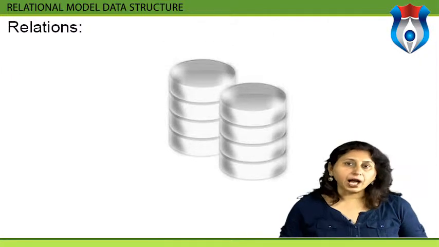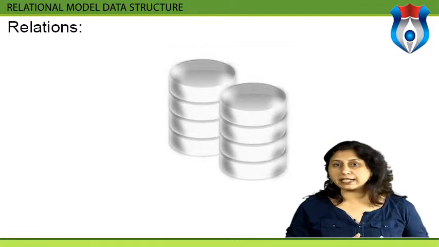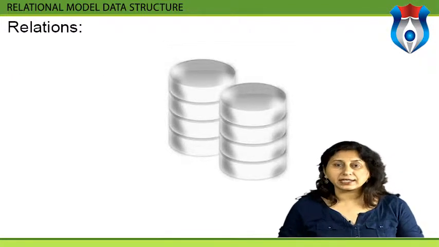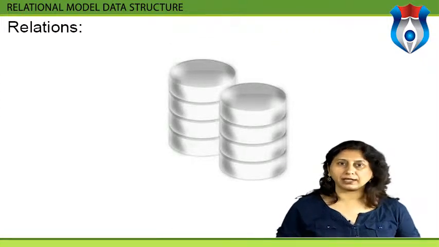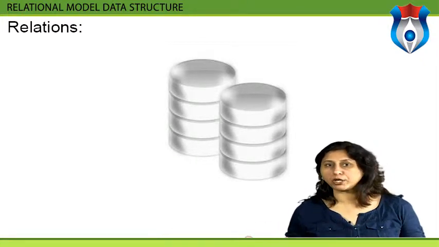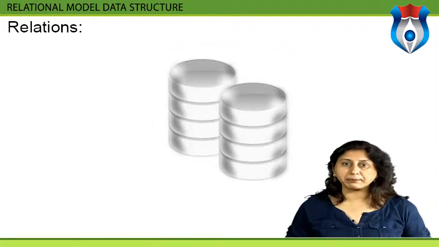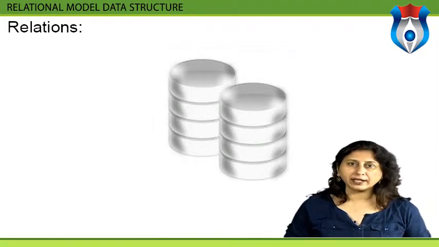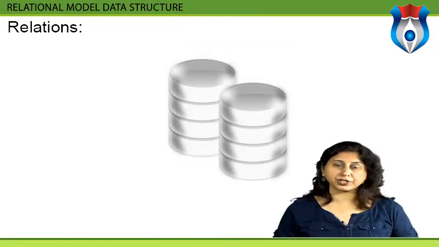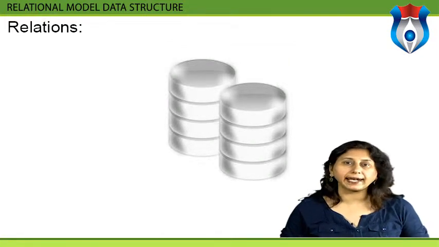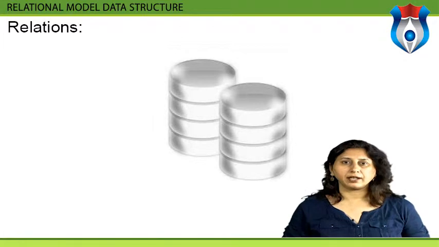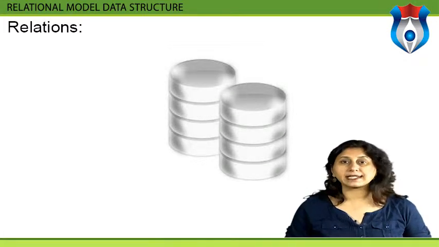A relation R on a collection of domains D1, D2 to Dn consists of two parts, a heading and a body. The heading consists of a fixed set of attribute-domain pairs: A1:D1, A2:D2, and so on till An:Dn. The heading is also called the schema.